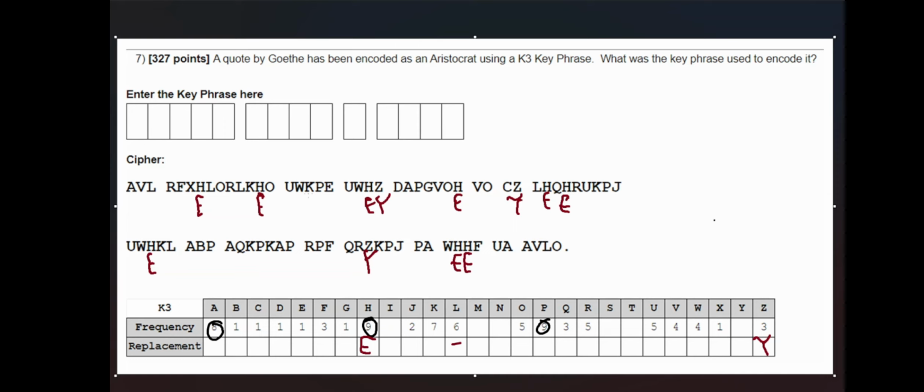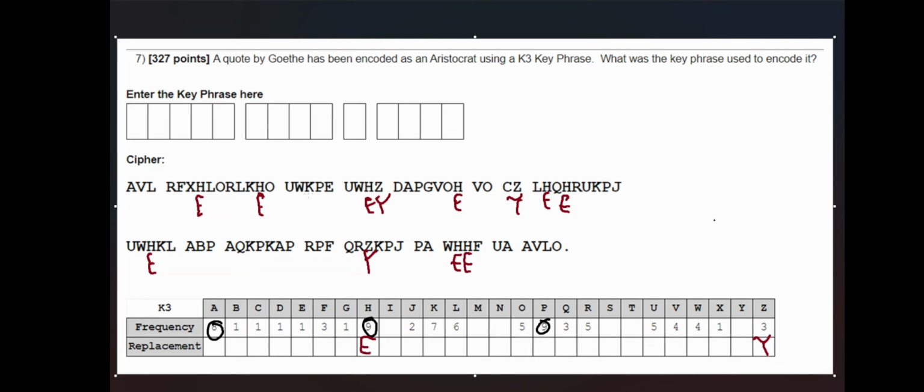Some letters are shifted around, like we may have some type of frequency such as L, M, because they shift back one, and then we may get something random, like maybe G, right? And then G, and then we go back to that pattern, OP. Remember, K3 frequencies, this frequency table is extremely weird. We can't use any type of strategy to figure that out other than using this plug and chug method or solve the Aristocrat by itself.